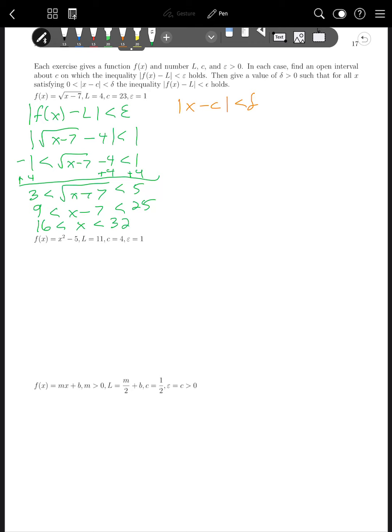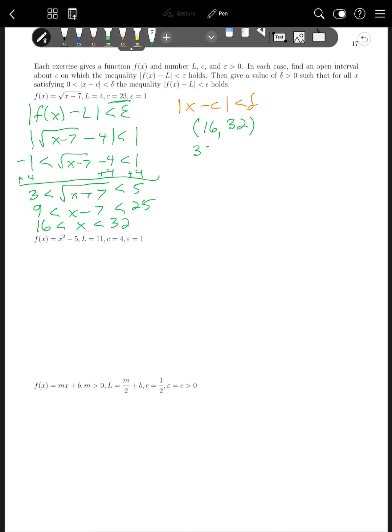Okay, and so now this would give us our region around our x, around our c. So the region here, assuming c is in there, would be 16 to 32. And then your delta, just like remember on the last page, is whichever of those two numbers is closer to the value, to our c, to 23.